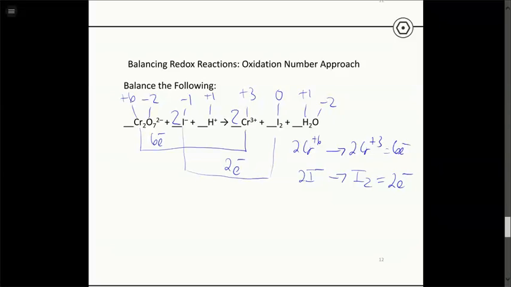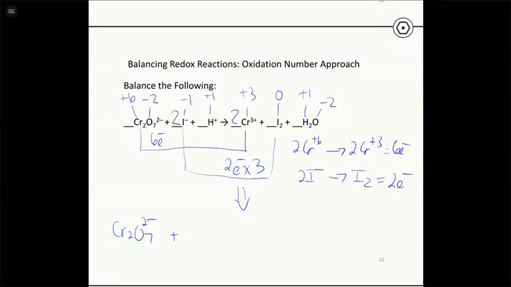So if we want these to balance out, we have to change the coefficients. We have to triple the number of electrons that are involved here. We keep a coefficient of 1 on Cr2O7 2 minus. We have to triple the coefficient on I minus because that's a 2 electron process.